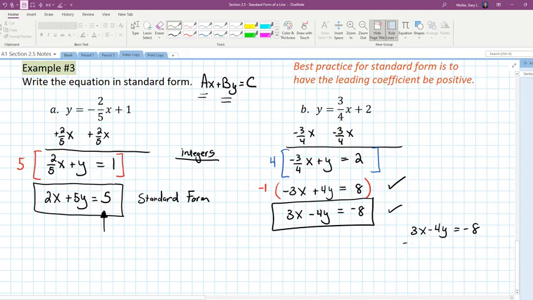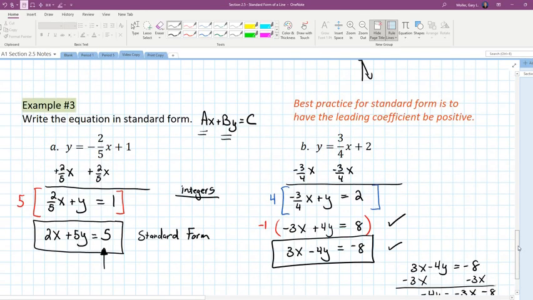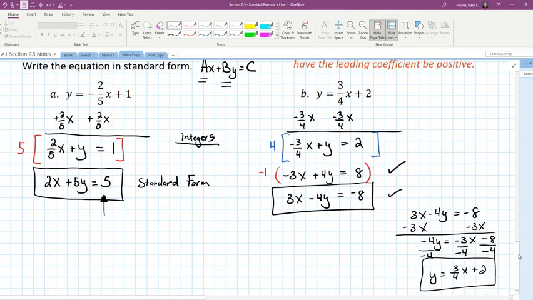I'm going to subtract the 3x and put it over here, giving me -4y equals, I'll put my x's first, -3x minus 8. And now I would divide everything by -4, giving me y equals a positive 3/4 x, and a negative makes positive 2. And I scroll down, y equals 3/4 x plus 2, same exact thing.